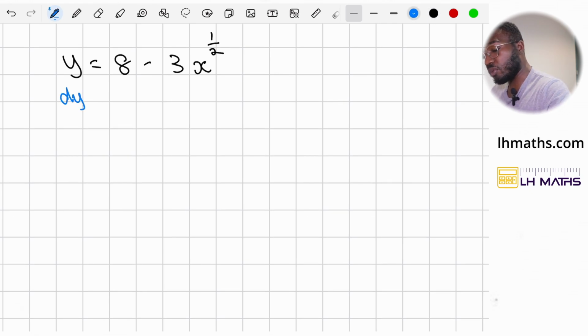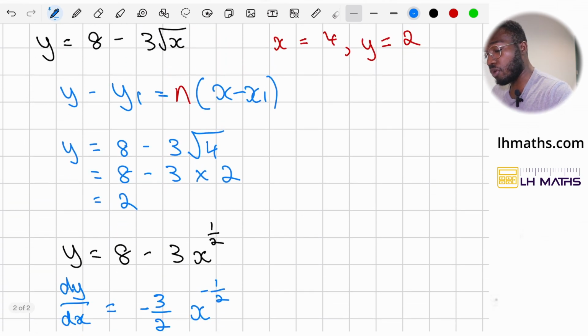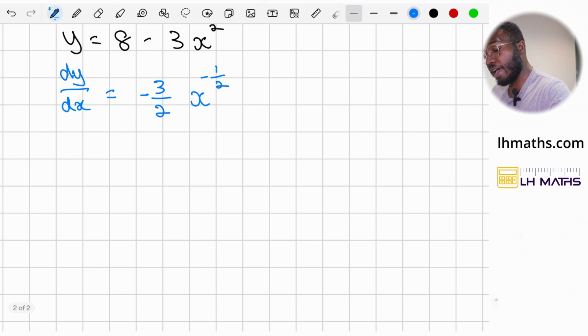because we need to differentiate in order to work out our gradient, then we have dy over dx is equal to minus 3 over 2, because 3 times a half, x to the power of minus a half. Now we put in our x value, which was 4. Therefore our m value would be minus 3 over 2 times 4 to the power of a half.